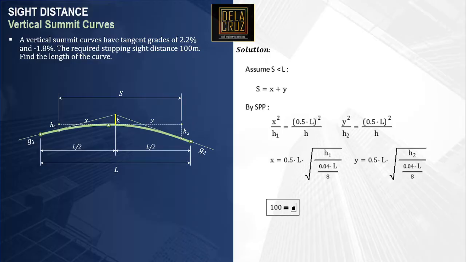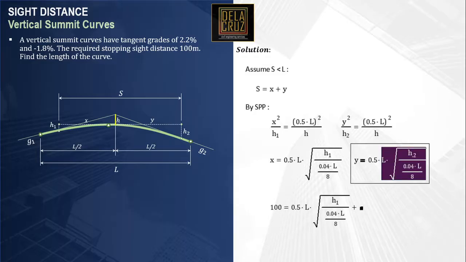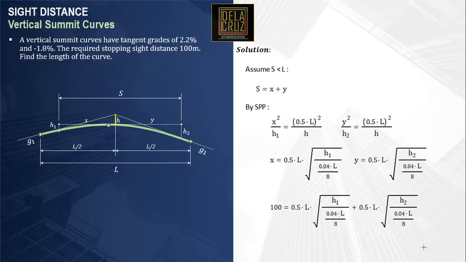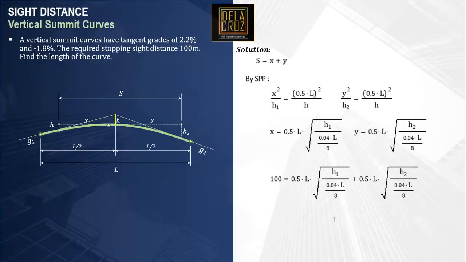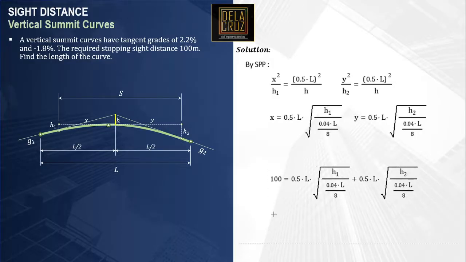S is equal to X plus Y. But take note, X is this. All right. And Y is this equation. Okay. So, you can go further for this if you want to simplify this. But actually, this can already be solved using our calculator.